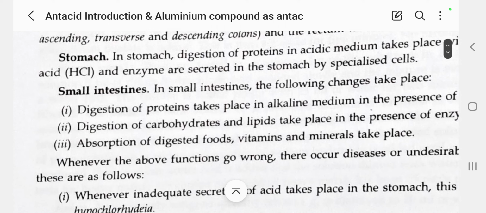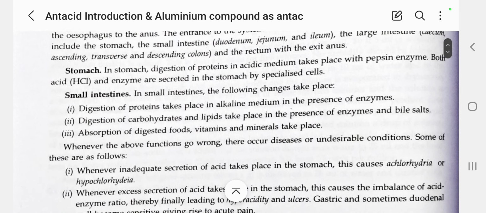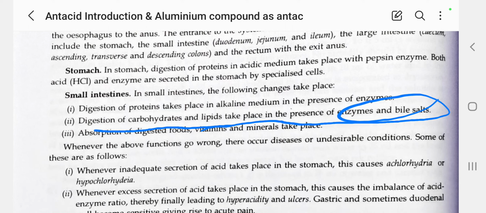See, whereas digestion of protein in the stomach takes place in acidic medium, in small intestine it takes place in alkaline medium in presence of enzyme. Next, the digestion of carbohydrate and lipids takes place in the presence of enzyme and bile salt.